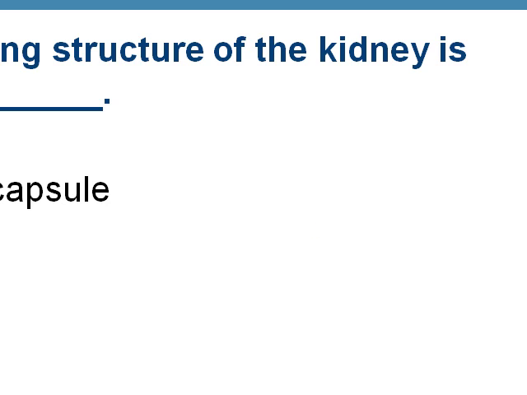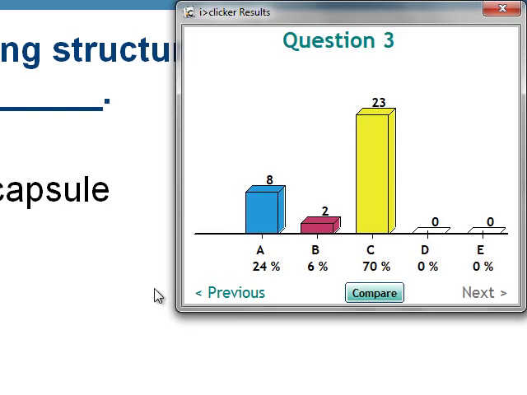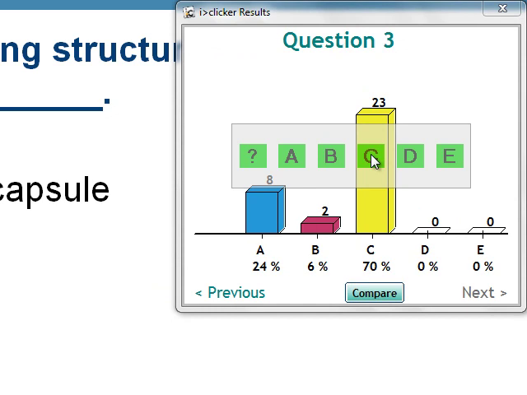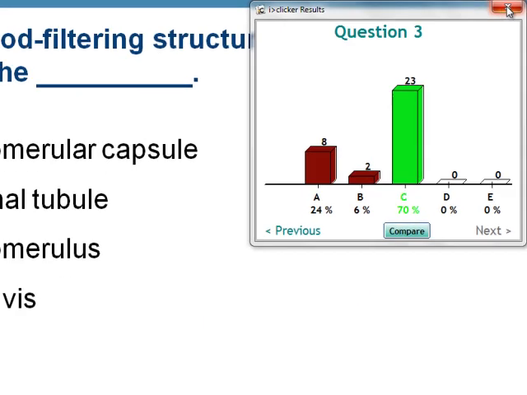All right, what's the answer? Oh, 33 now. Oh, because your batteries are working. There you go. What's the answer? C is the answer. Glomerulus. The capsule is outside that, and that's where the urine starts. It travels through the nephron. So C is the answer.